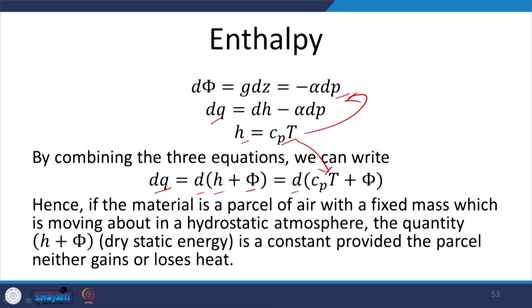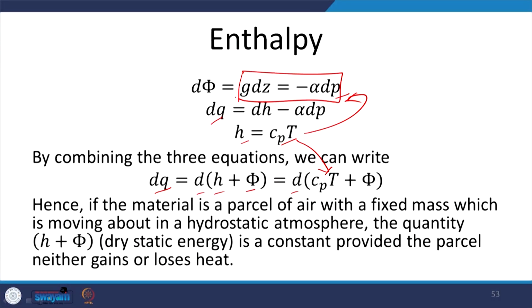So, Cp T plus phi. If the material is a parcel of air with a fixed mass, and the mass is not changing, moving in hydrostatic equilibrium, hydrostatic equilibrium has allowed us to write this: dp by dz is equal to minus rho g.